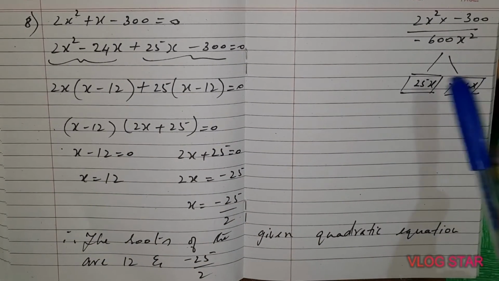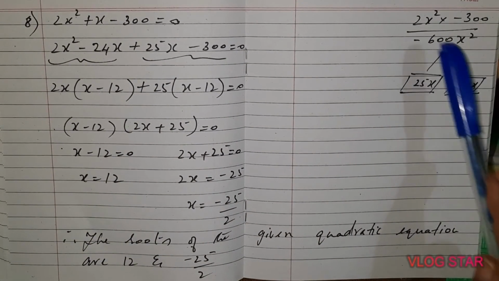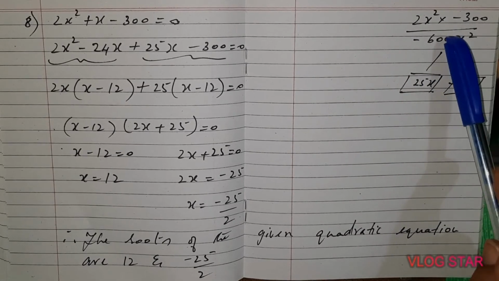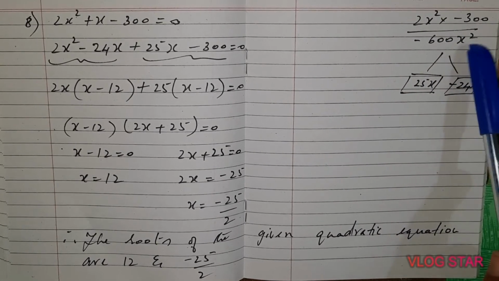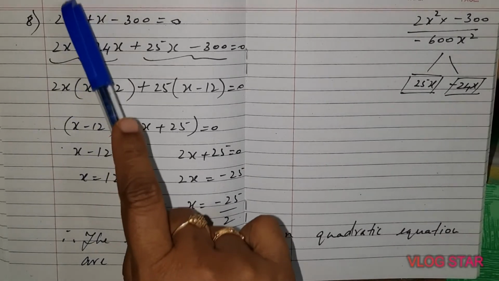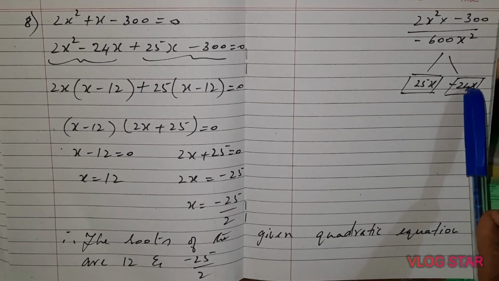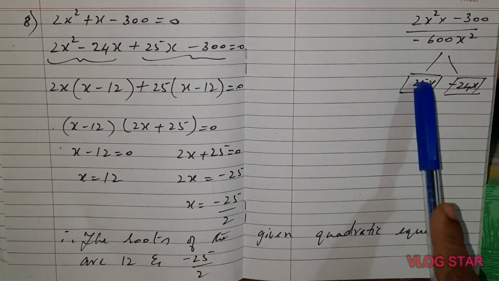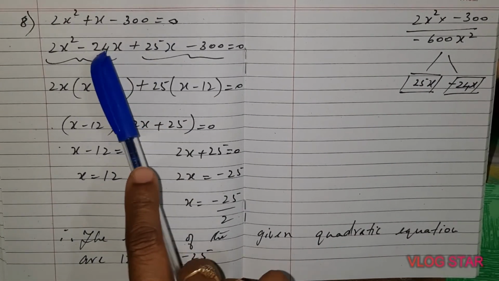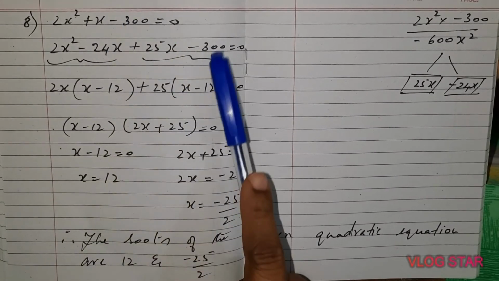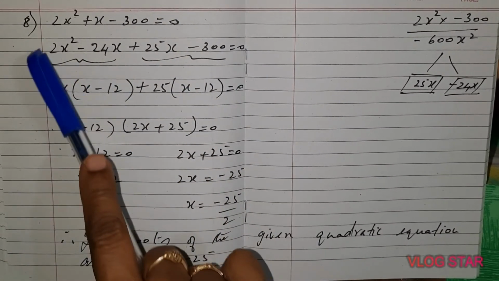And when you multiply these two, minus into plus, −25 into 24 is 600, x into x is x². So 2x², instead of 1x, we take −24x + 25x, that is 25 − 24 is 1x, − 300 = 0.